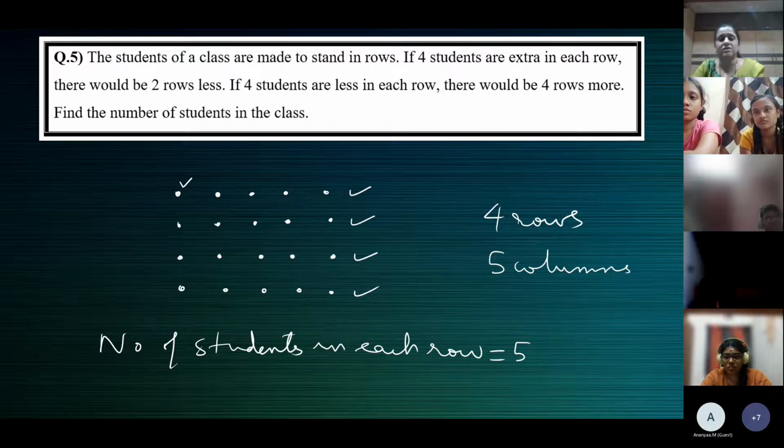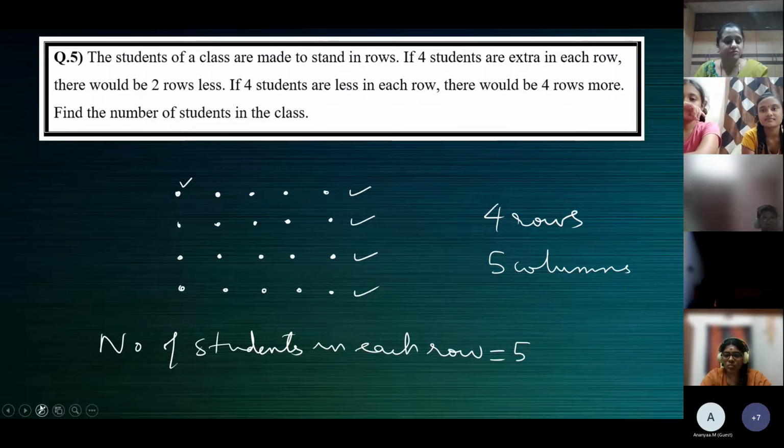Number of rows we understand. Number of columns also we understand. Number of columns is the same as number of students in each row.